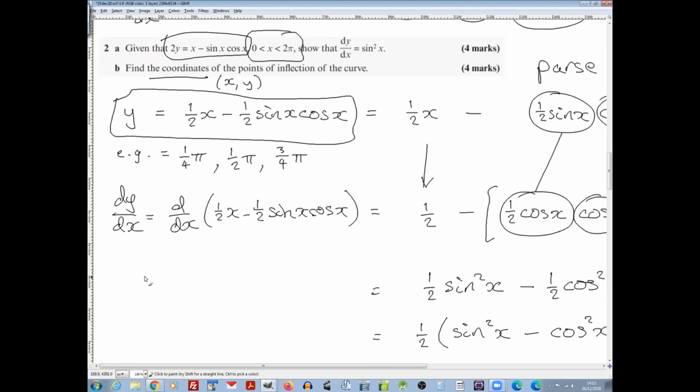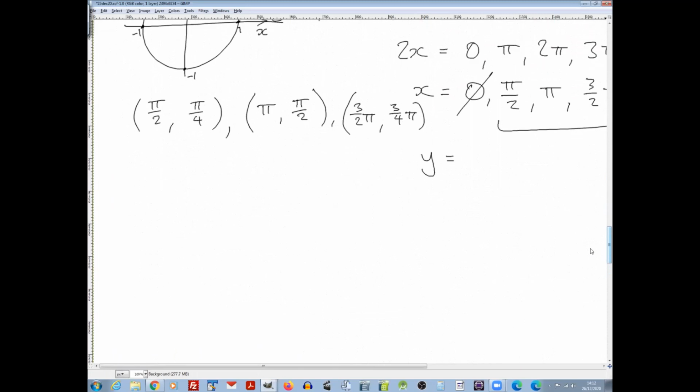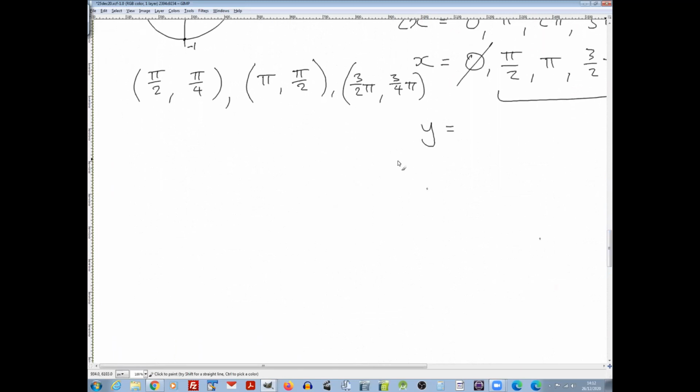But we have found the points of inflection where the curvature changes from clockwise to anti-clockwise. Gosh. Right. Okay.